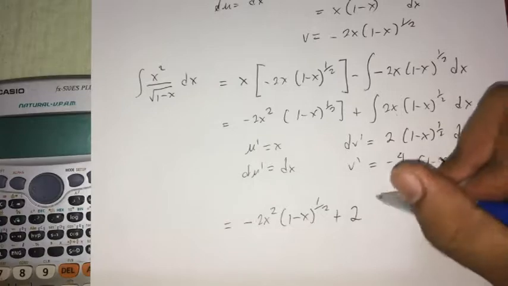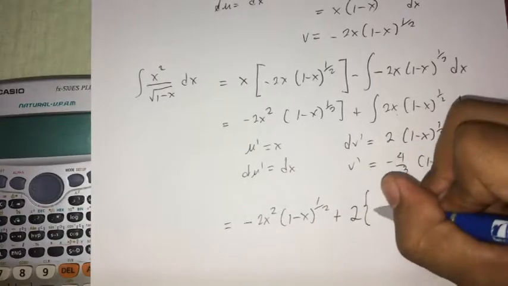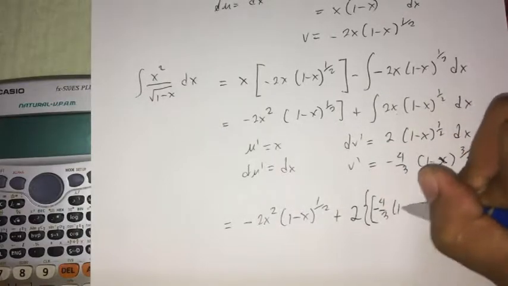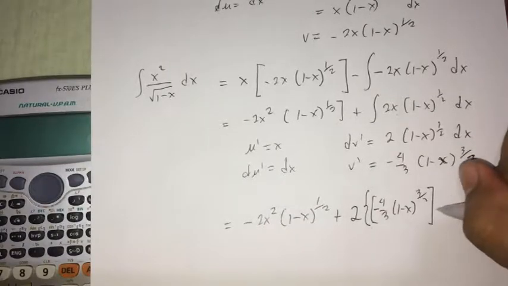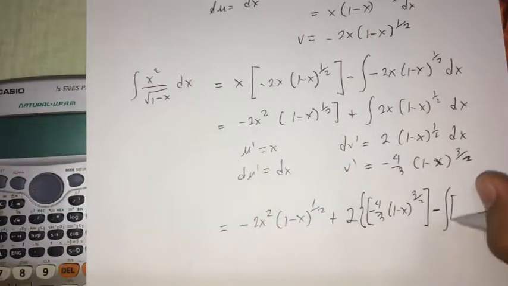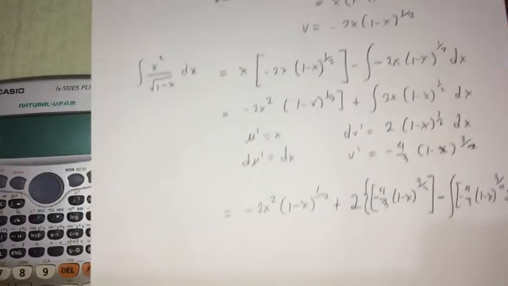So, we now have, multiply po natin, negative 4/3 times 1 minus x raised to 3 halves times the integral of negative 4/3 1 minus x raised to 3 halves dx, close, then braces.